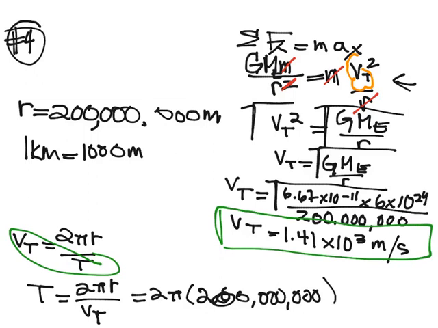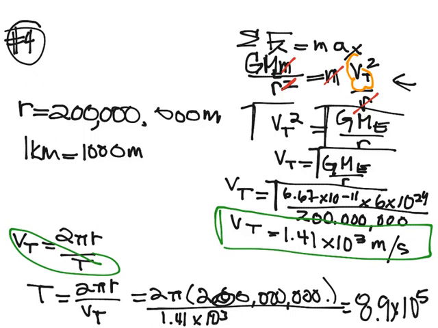I could write this in scientific notation, and notice that it would be 2 times 10 to the 8th, because there are 8 zeros, or I would have to move this imaginary decimal over 8 times. Okay, divided by 1.41 times 10 to the third. And when I do that, I get 8.9 times 10 to the 5th seconds.